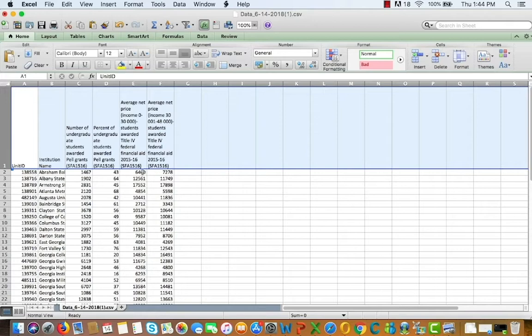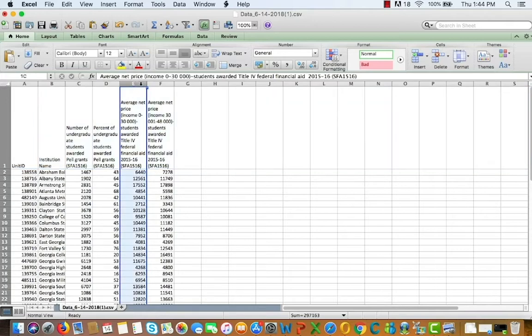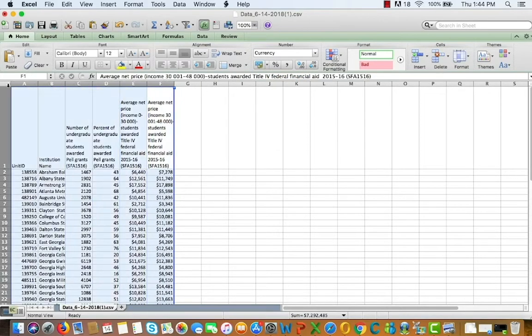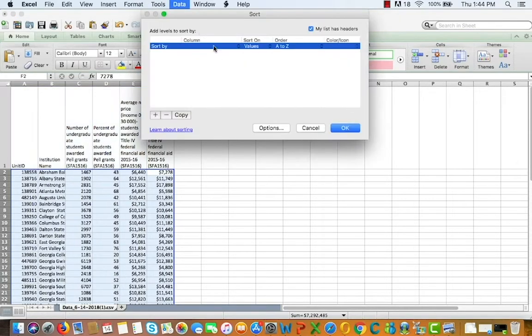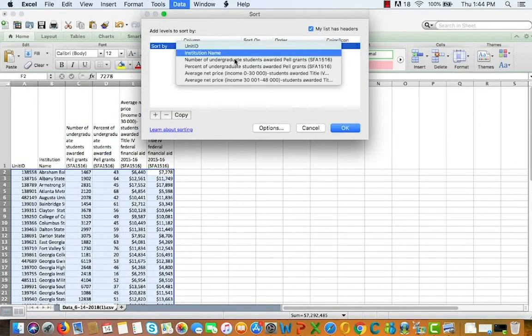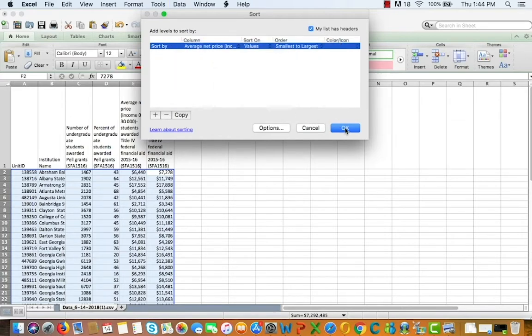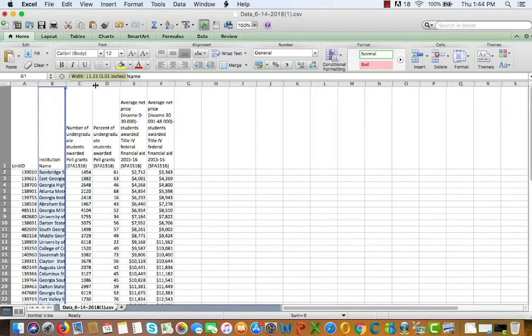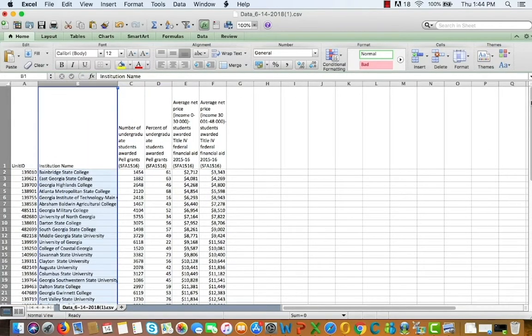It's kind of annoying, but let's put this in dollar amounts. Okay. And let's sort it and see who is the most affordable public colleges for low-income kids in Georgia. Okay, so let's do this.